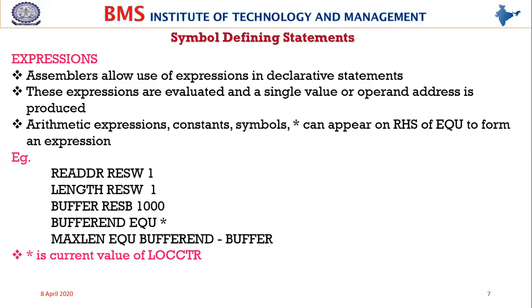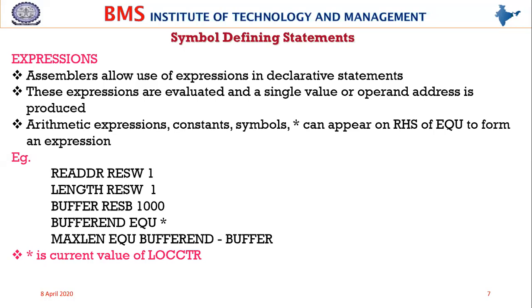So your buffer address is going to be 1006, and 1000 bytes from there becomes 2006. 2006 will be the address of buffer end. 2006 minus 1006, so the max length value will be equal to 1000. So that's how things work.